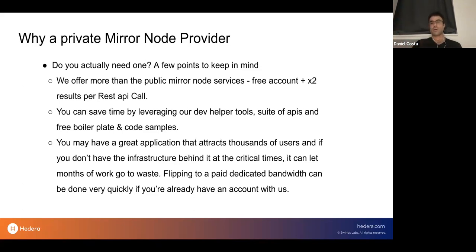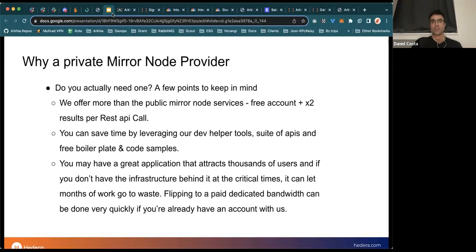If you have just a public node, or you set up a node for yourself, it might not hold up. We literally just focus on that. That's all our expertise. And we made it really easy to plug into our node, because it works exactly like working with any public service. So, dedicated bandwidth for you guys.